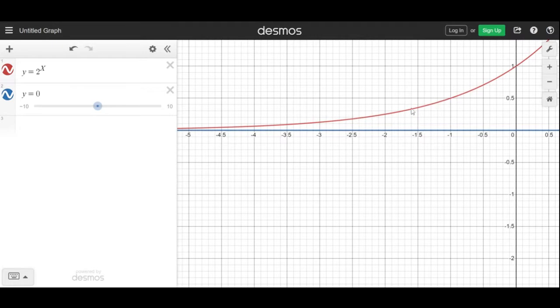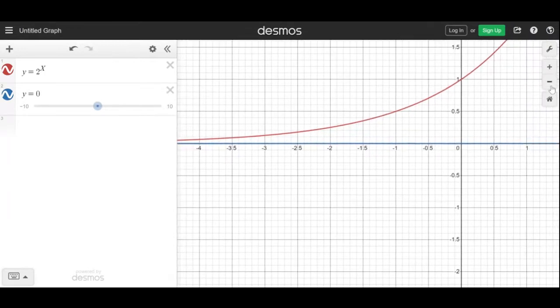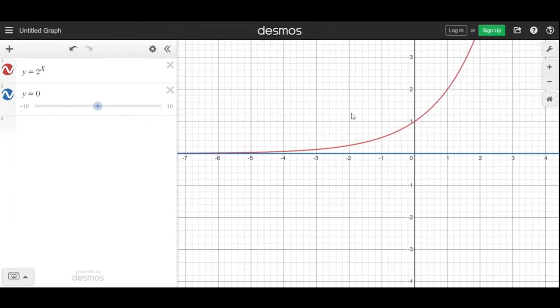So the red curve is not touching the blue line or the x-axis, it's just approaching that line. So you can see also that the domain here is all real numbers by looking at the graph. So it's parenthesis negative infinity, comma infinity, parenthesis for the domain. The range would be parenthesis 0, comma infinity, parenthesis, since the curve is not touching the x-axis.